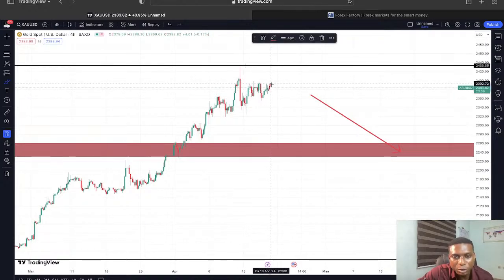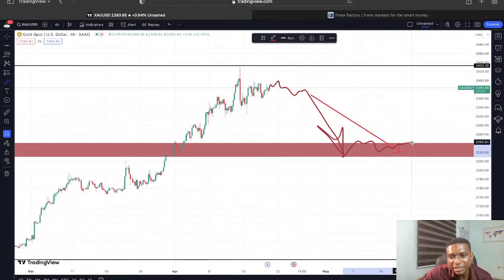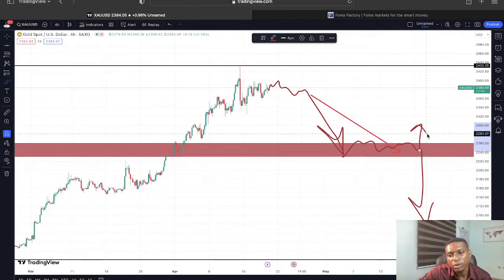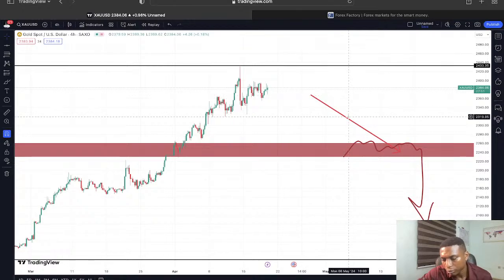Price will just rally and then fall, then rally here again, and then either fall or push back up. One of the two would happen at this level.